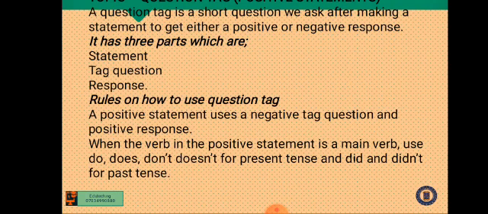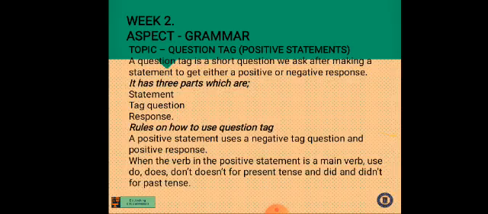Don't, because don't is a plural auxiliary verb. Are you with me? For present tense, that's if the statement is in present tense. But if the statement is in past tense, whether the speaker is a singular subject or a plural subject, you should use what? Didn't. Are you getting me? Right. Examples in sentences.